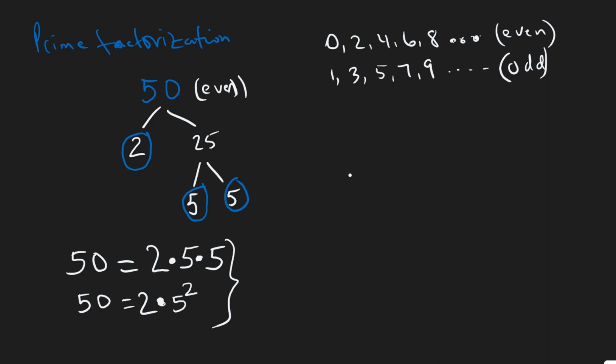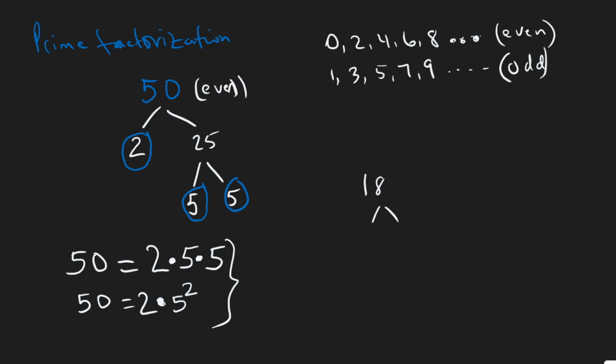Let's go and try to find the prime factorization of another number, 189, for example. Take a look at what we have here.